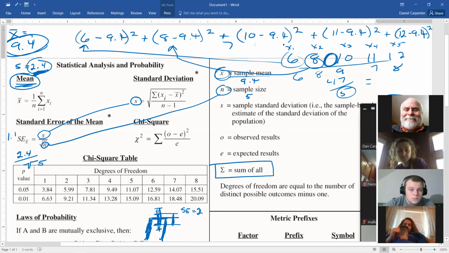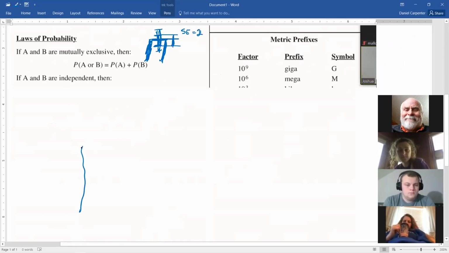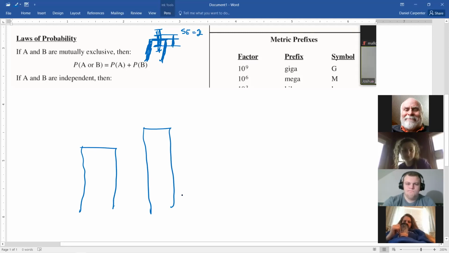So why does that mean anything? Let me get myself some clean space here. Should be some down here. Let's say that we have a bar graph, and we've got 2 sets of conditions. Now, if I look at these 2 sets of conditions, is there a difference between the 2 columns in the bar graph?